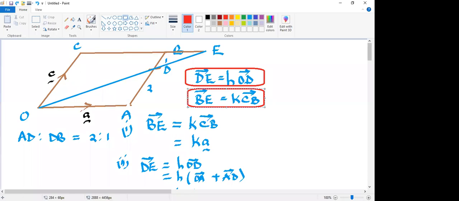Okay, now I want to ask a question, and this is our interest. Non-parallel vectors. Can you use the information that we have to find the values of H and K? What is H and what is K?